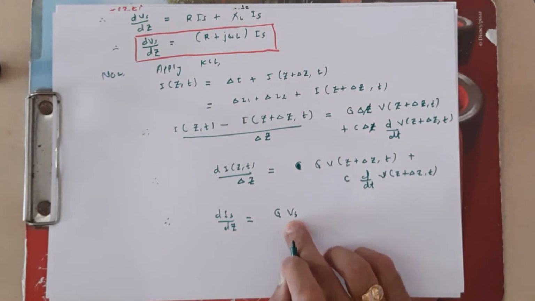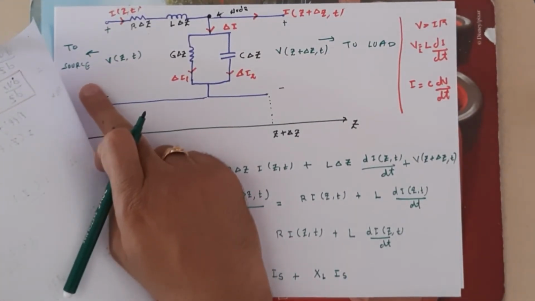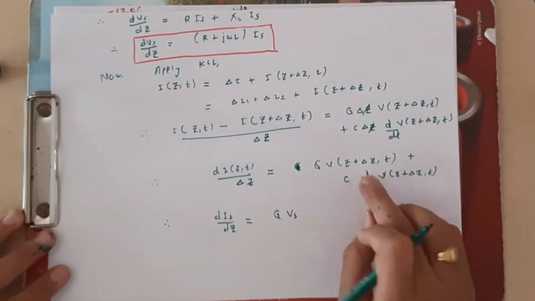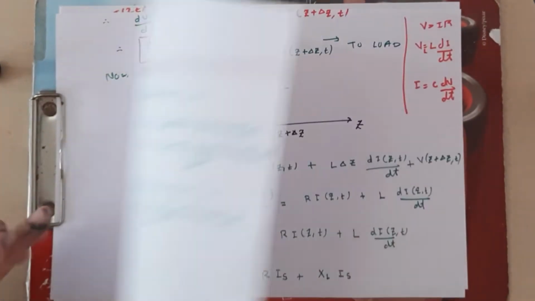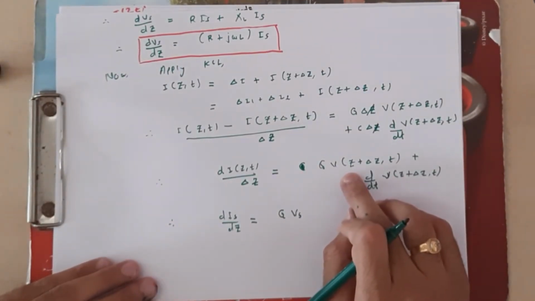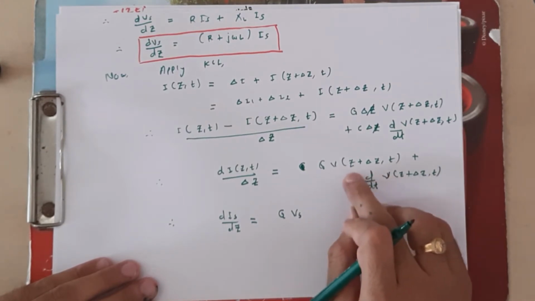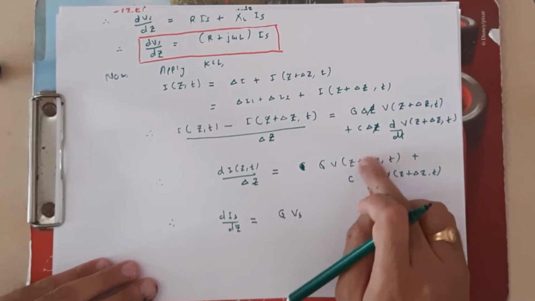So you cannot write here Vs, because Vs we have to consider as a source voltage and this one is a load voltage, but delta z is the size of this transmission line section and delta z is very small compared to z. So if I have to add z plus delta z, you can neglect the delta z in that case, because delta z is very small.